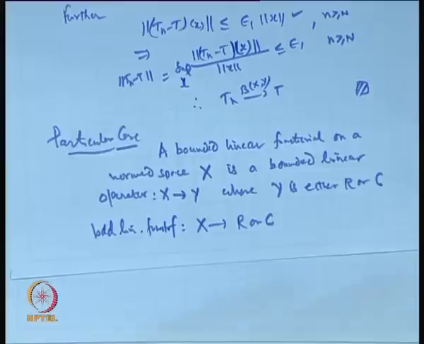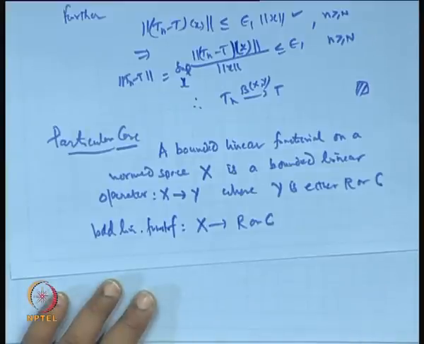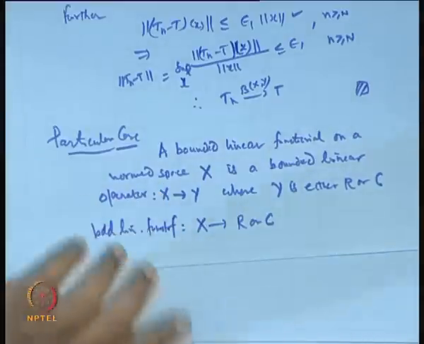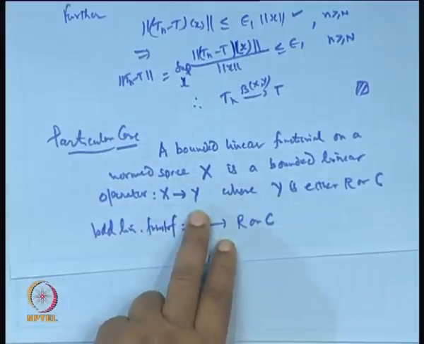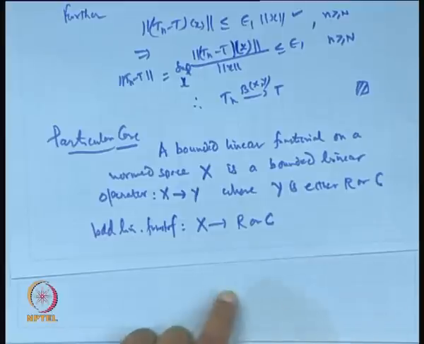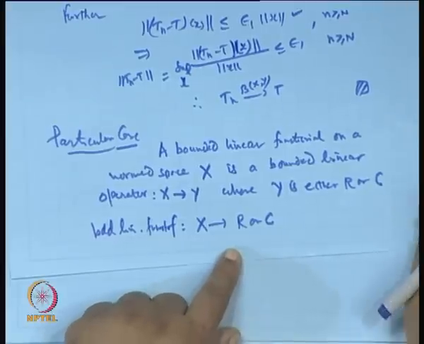So a bounded linear functional is a particular case of the bounded linear operator, where the domain remains the same and the range becomes either R or C, but R and C are complete.